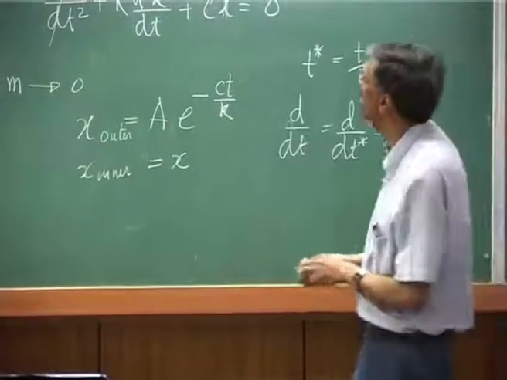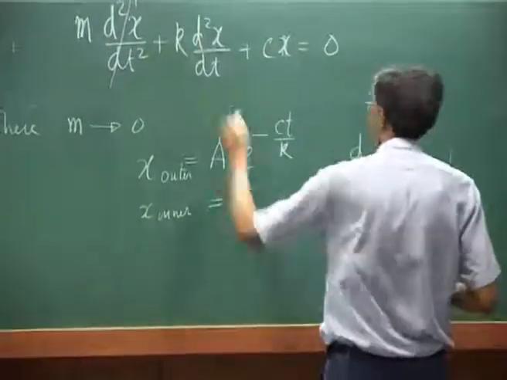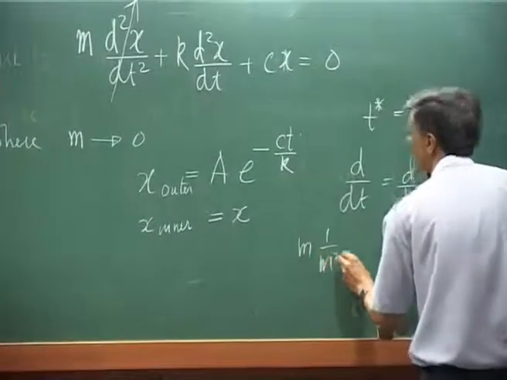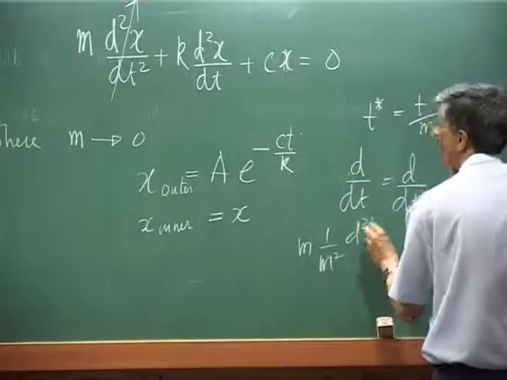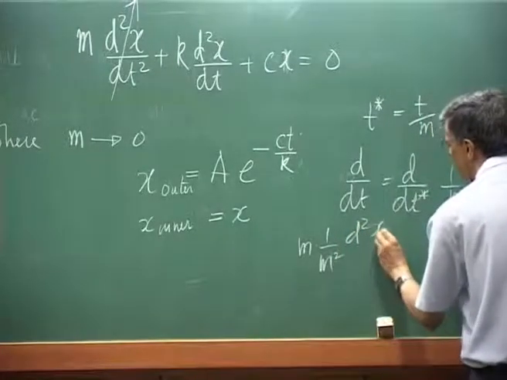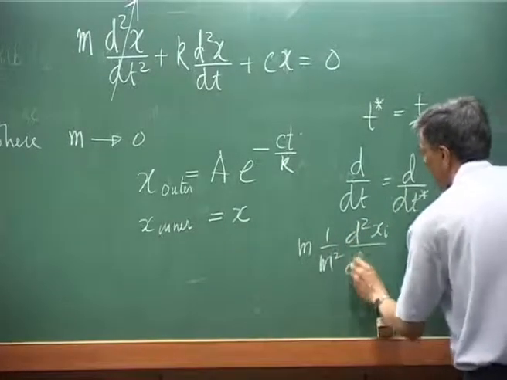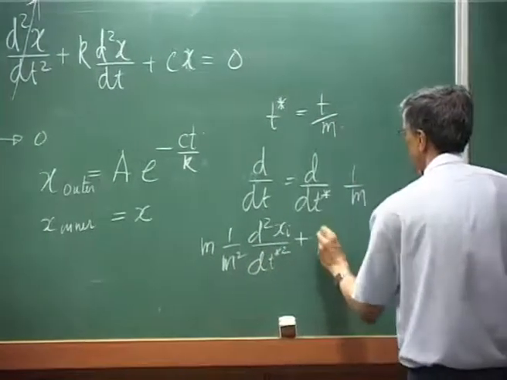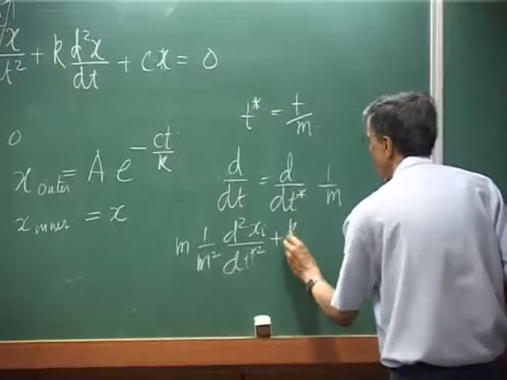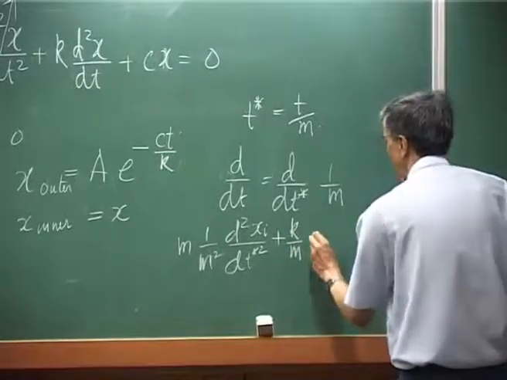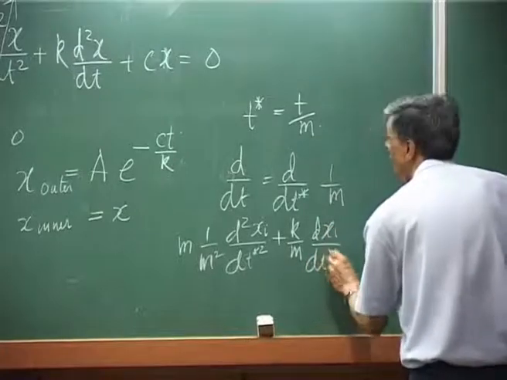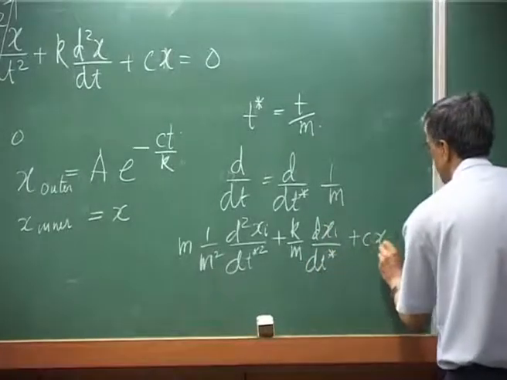So, what you can see here is that you are going to get m times 1 over m square, and x I, d squared x I by dt star squared, equals k by m dx I dt star plus c x I.